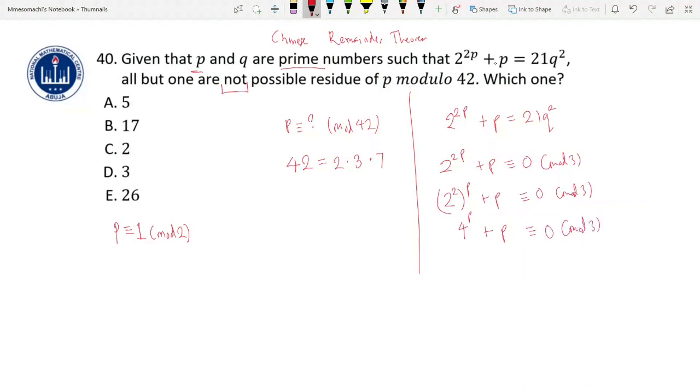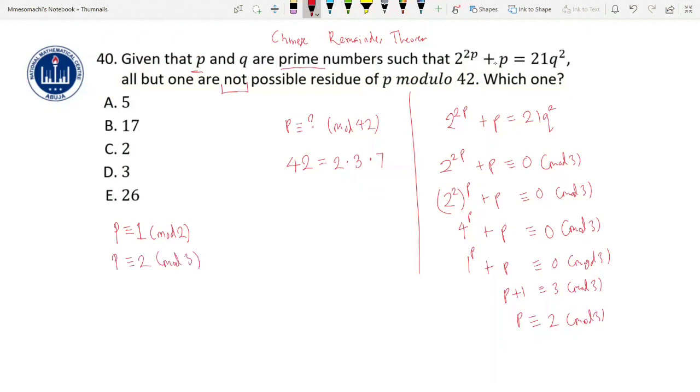And 4 is congruent to 1 mod 3, so this becomes 1 raised to the power P plus P congruent to 0 mod 3. So I have P plus 1 congruent to 3 mod 3, so P is congruent to 2 mod 3.